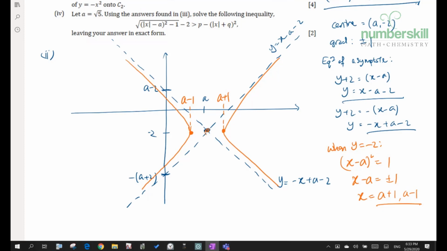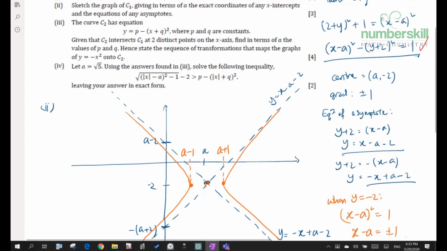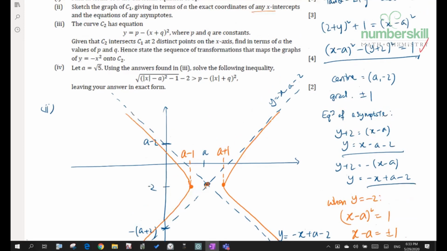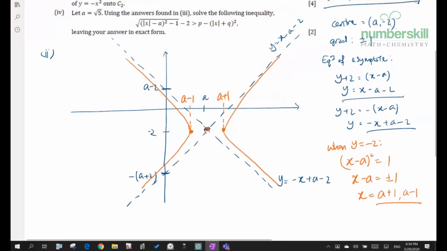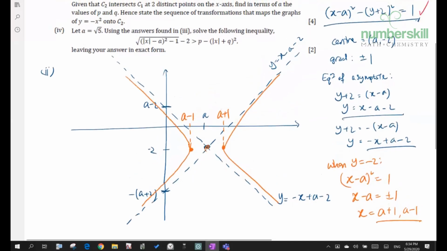Okay, now of course that's not the end. You don't get 3 marks yet, because you haven't found all the x-intercepts and the y-intercept. Any x-intercept, everything you must find. So x-intercept means you need to find out what x is when y is equal to 0, correct? That one is a smaller problem. I think you can solve it yourself, right? Let me just do it here quickly. y is equal to 0.